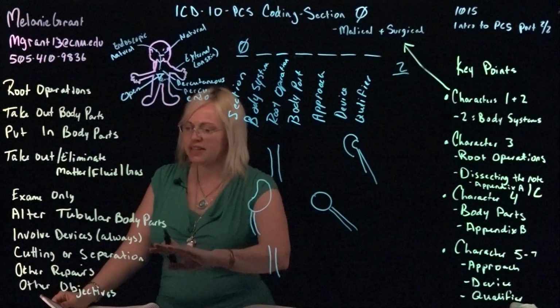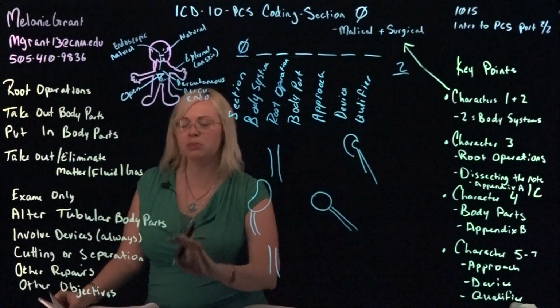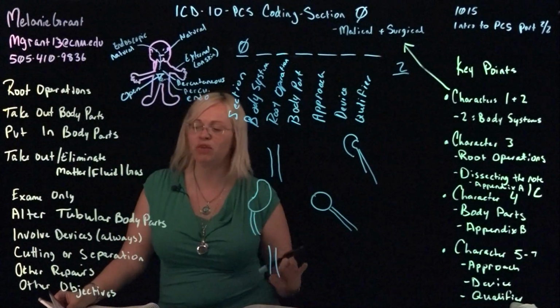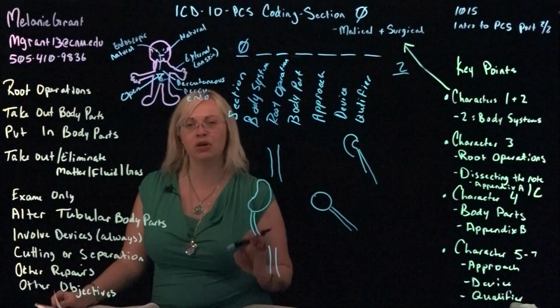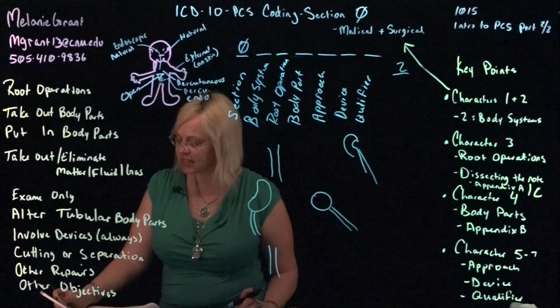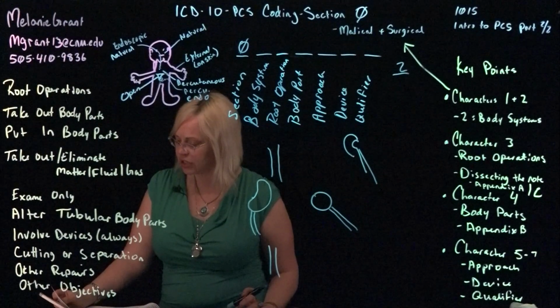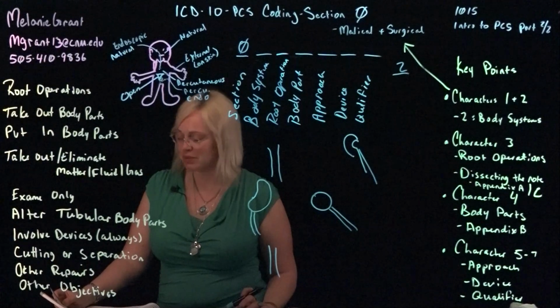The next one is very similar to procedures that apply to tubular body parts, but instead are procedures that involve devices. And these always involve devices and should only be done when involving a device. Procedures that always involve a device include change, insertion, removal, replacement, revision, and supplement.